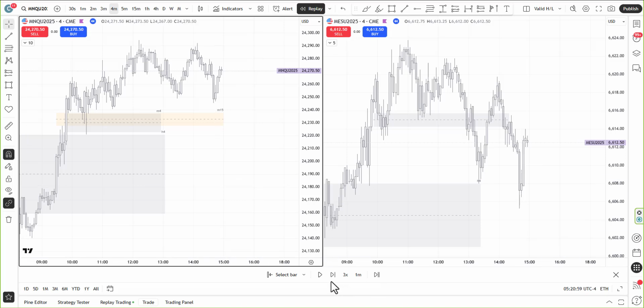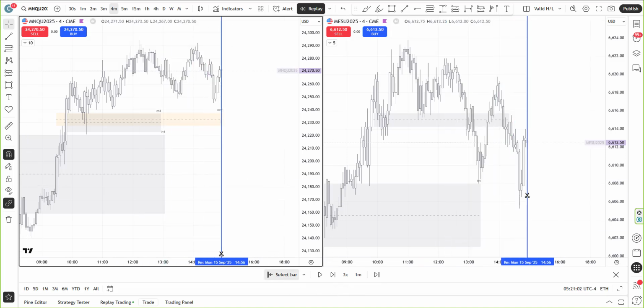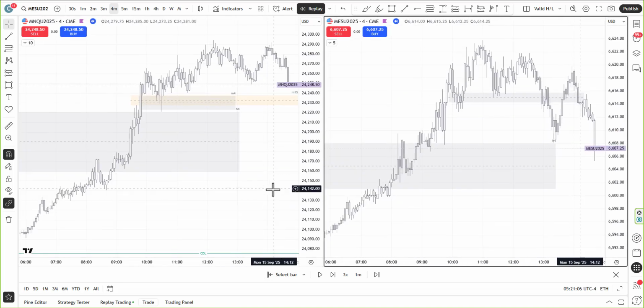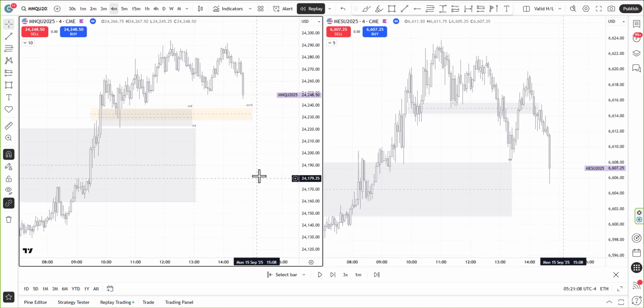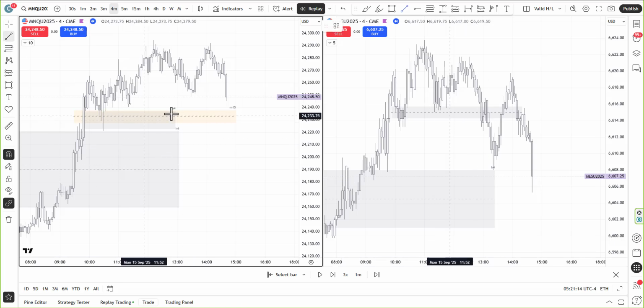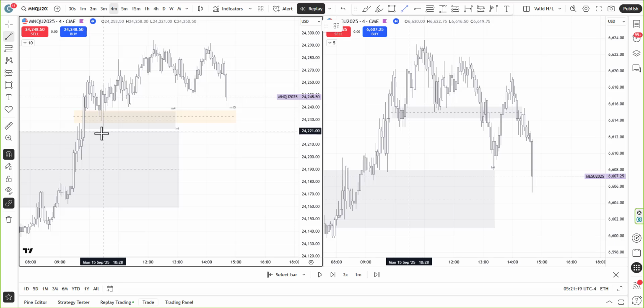So now actually, let's go a few bars back. Okay, so what we got here now is that ES pierced into this H4 level. And not only that, it created a major SMT. So I can pick almost any of these wicks.